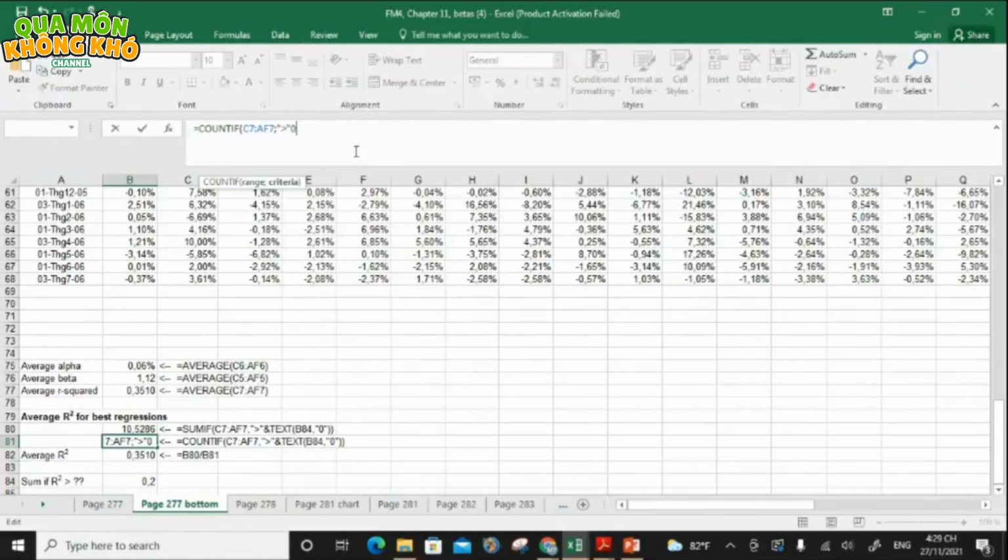Is 0, 0.2. 0 greater and text 0.2 the B84. The B84. Oh no, fine.